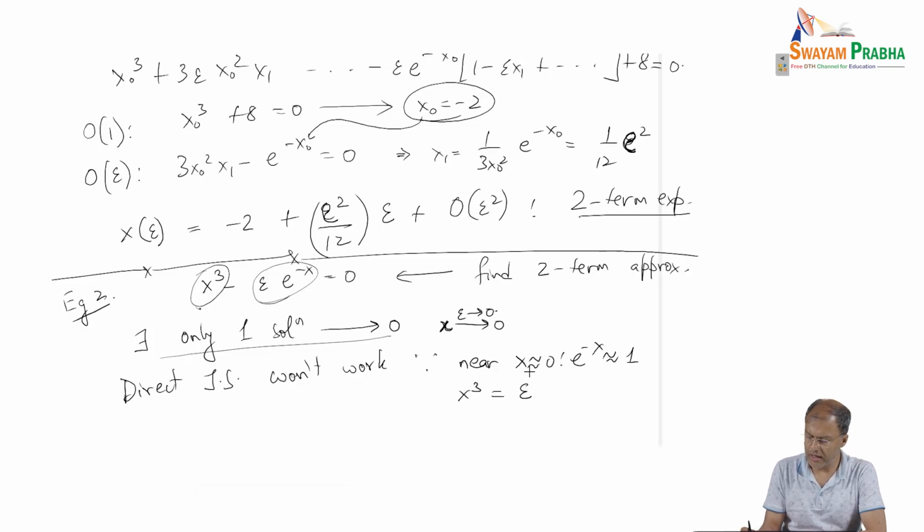So near x equal to 0, the exponential factor is 1, and we get that x cube is reduced to this equation, x cube equals epsilon, or we see that x comes out to be the cube root of epsilon, right?